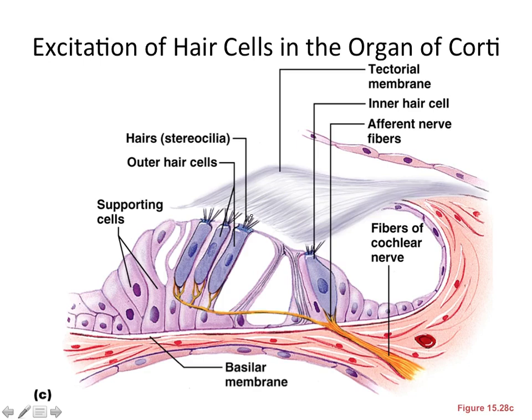If the cell is depolarized, it will release neurotransmitters to the synapse between the hair cells and the nervous terminal. These neurotransmitters include glutamate, and glutamate can generate the nervous action potential. The action potential can travel through the nervous fibers to the auditory nerve. This is how the hearing action potential is generated.